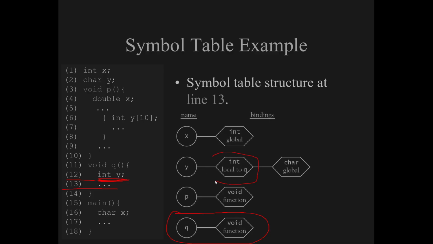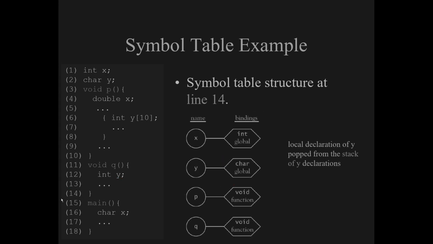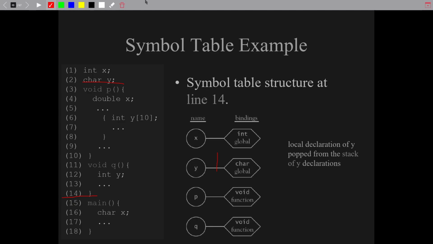That gets pushed onto the stack for y, as an integer local to q. And at line 14, after q ends, we pop it from the stack. So there is no more int y local to q. Now it's only the character that is global.